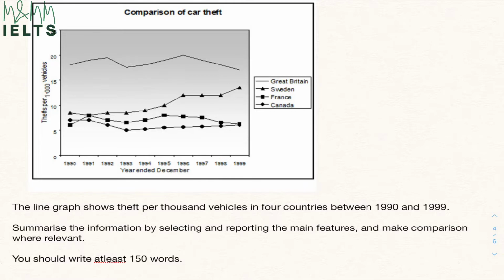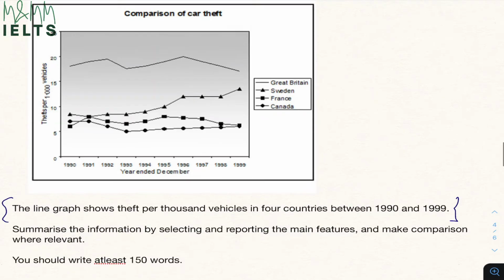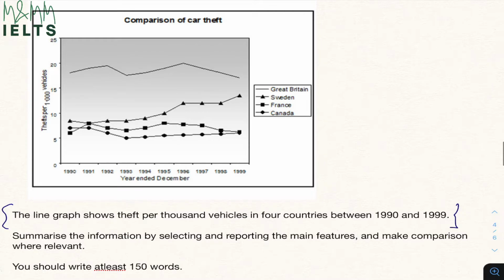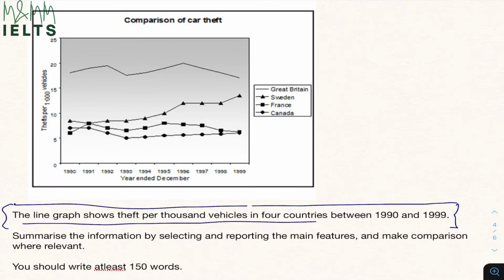Whatever introduction is given to you, for example here, the line graph shows theft per 1,000 vehicles in 4 countries between 1990 and 1999. That's the introduction. So what I'm going to do is take this and rewrite the same sentence in my own words without changing any information.